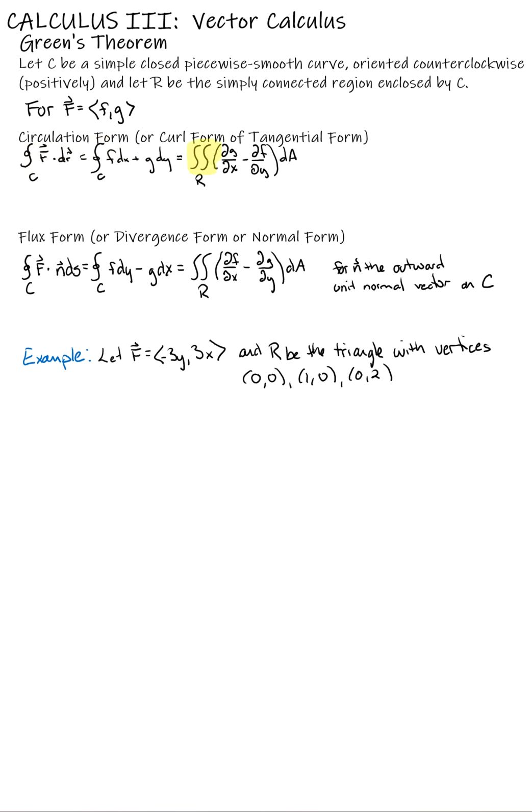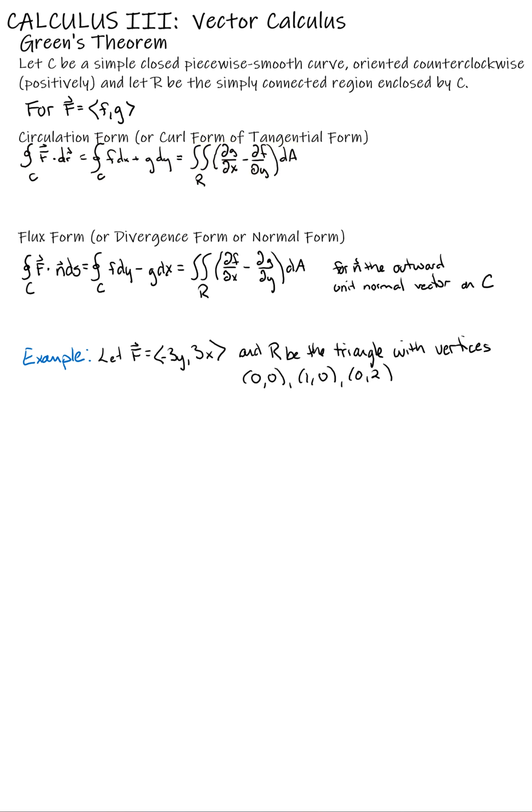On the right side, we have a double integral over the region R of the partial of g with respect to x minus the partial of f with respect to y, and this integral is being taken with respect to the area of our region.